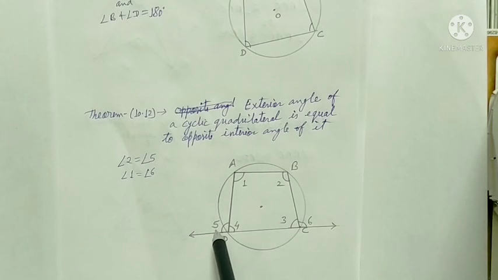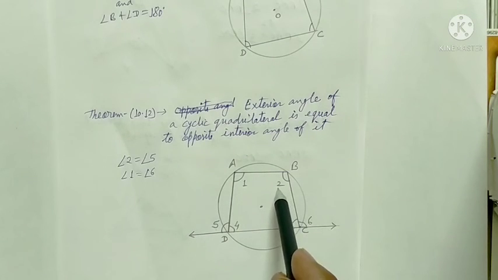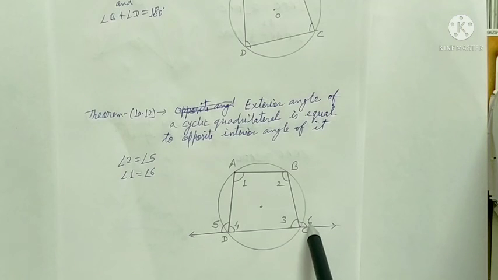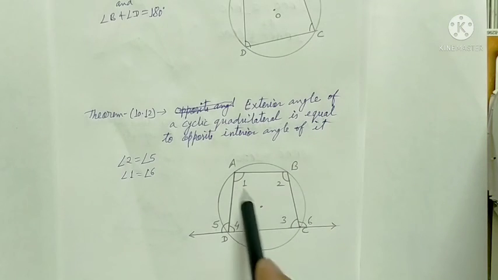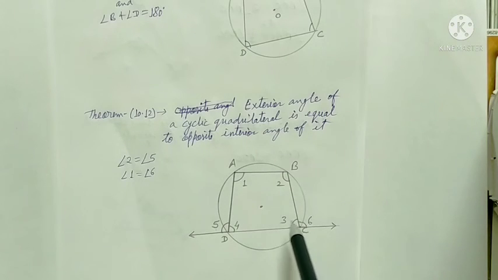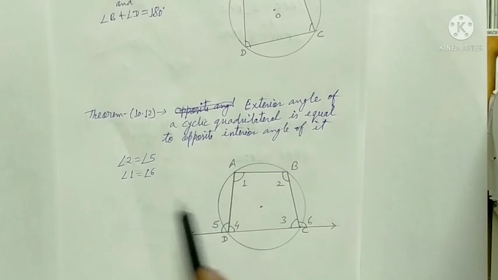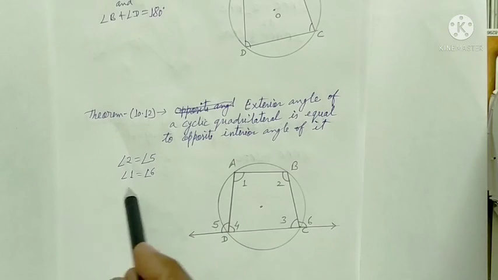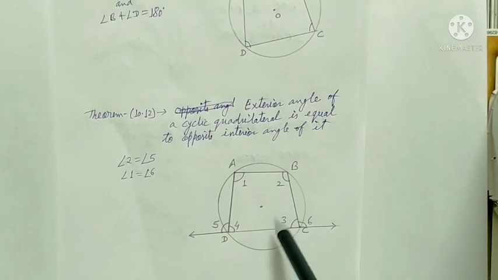It means angle 5 will be equal to angle 2, and the exterior angle 6 is equal to the opposite interior angle. So what is the opposite interior angle? Angle 1 equals angle 6 and angle 2 equals angle 5. That is the statement of this theorem, that the exterior angle of a cyclic quadrilateral is equal to the opposite interior angle. So please remember all these theorems.